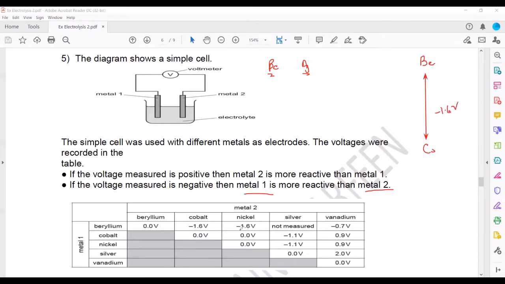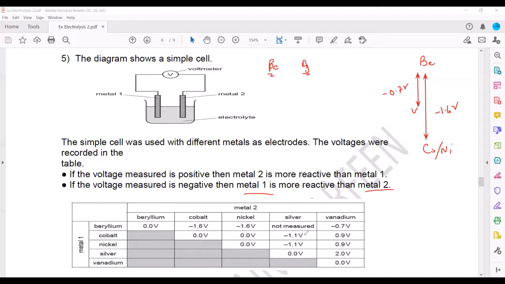When we use beryllium and nickel, the voltage is also minus 1.6, so it means cobalt and nickel have the same reactivity. Beryllium and silver is not measured, and beryllium and vanadium is minus 0.7 volts.